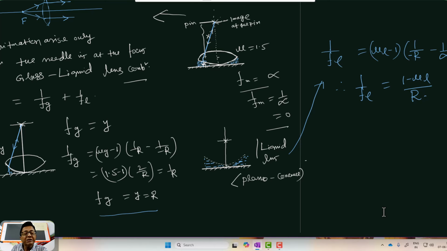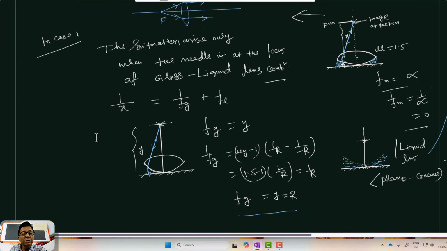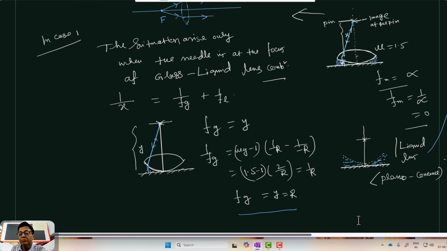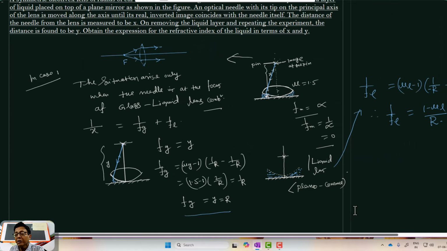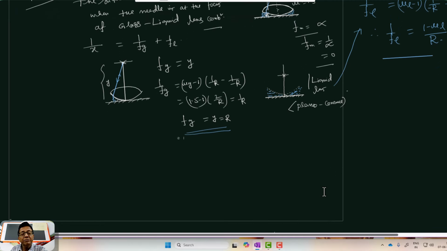Now, take this relation into consideration, that is 1 by X equals 1 by Fg plus 1 by Fl. You got the value of Fl, and you got the value of Fg also. So apply it there.